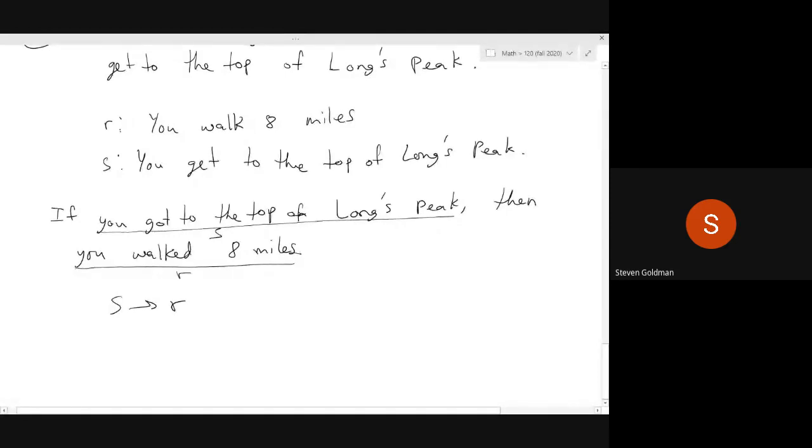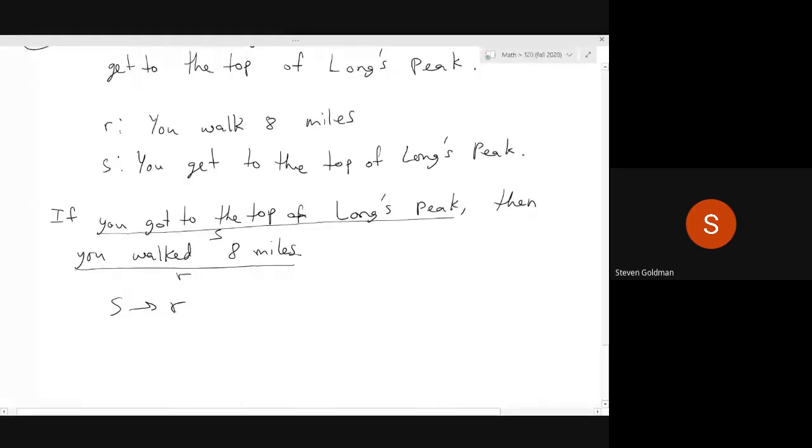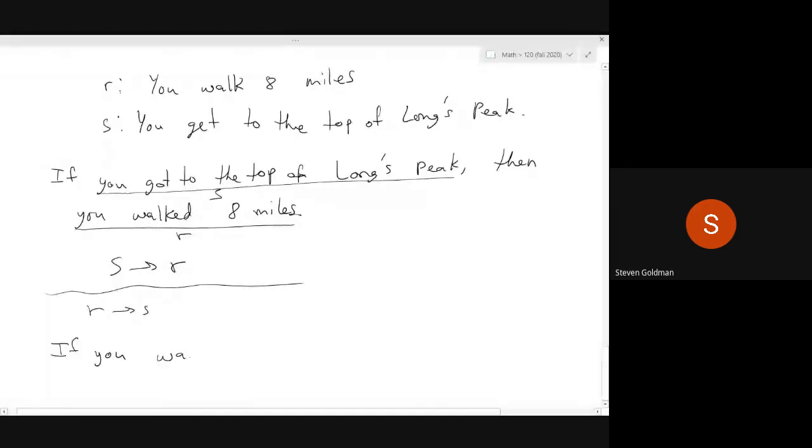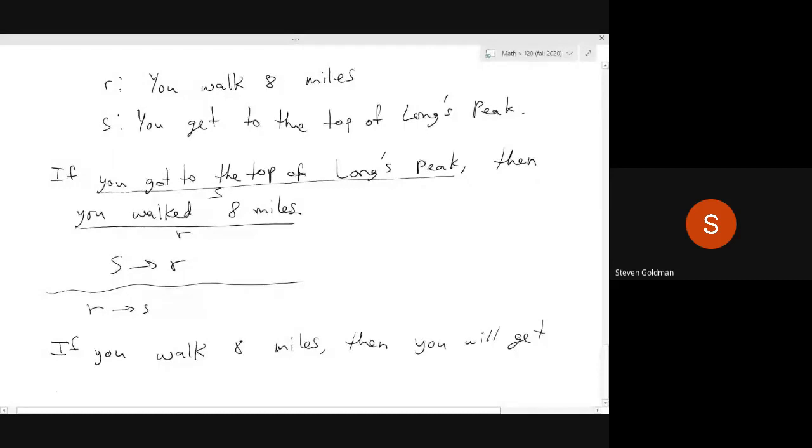If you switch the two, you get a different sentence, the converse. The converse would be if R, then S: if you walk 8 miles, then you will get to the top of Long's Peak.